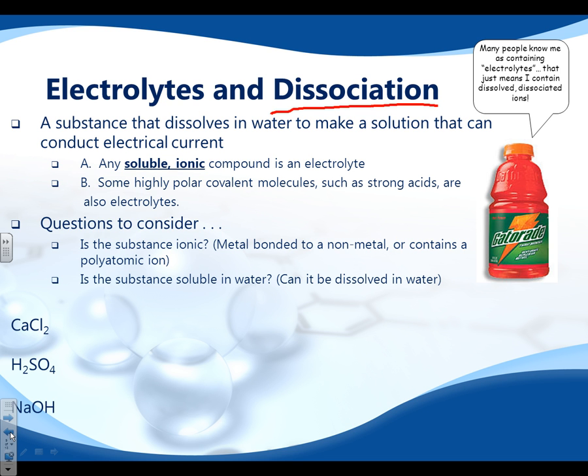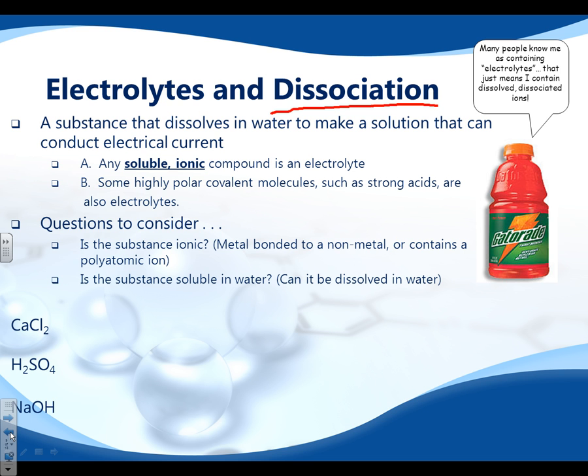Some highly polar covalent molecules will also become electrolytes, but for the sake of what we're doing with this information, all you need to understand is it's soluble, so it's able to be dissolved in water, and it's ionic. So these are your questions to simply consider. Is the substance ionic? Remember, how do we know that? Is there a metal involved, bonded to a nonmetal, or does it contain a polyatomic ion? If that is true about the substance, then it's ionic.